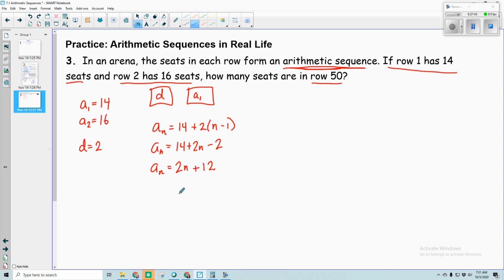Now we can finally use this to find out how many seats there are in row 50. If I plug in 50 for n, how many seats are in the 50th row? We get 100 plus 12, so I get 112 seats.